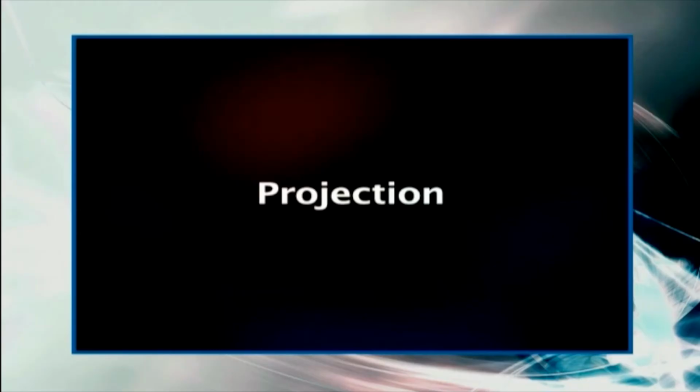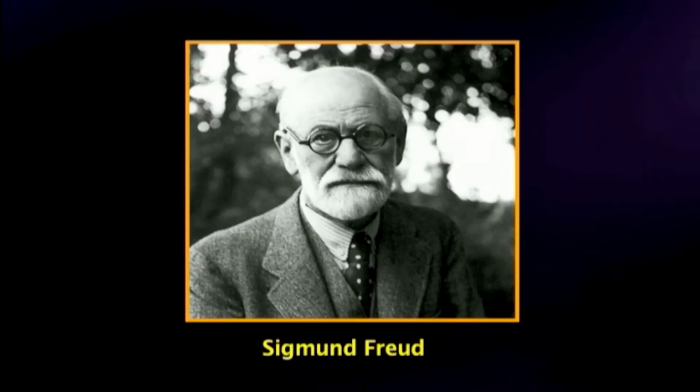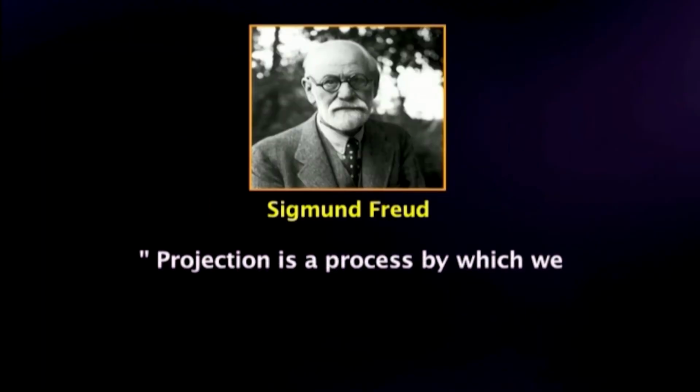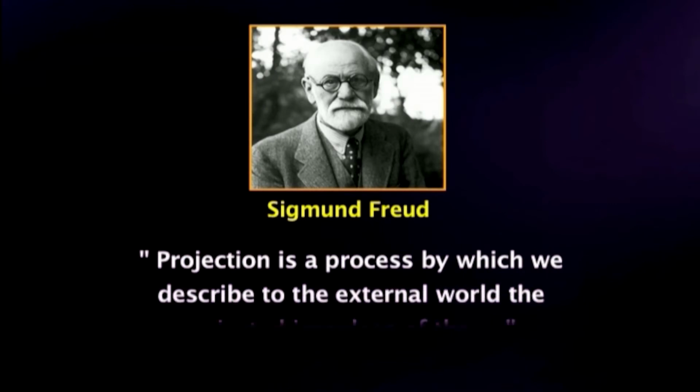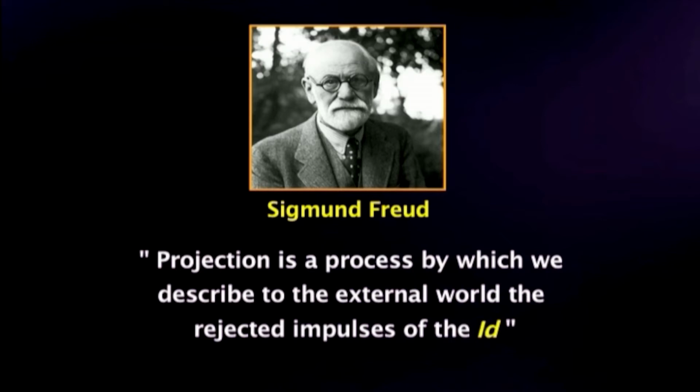Fourth one is projection. In the words of Freud, "Projection is a process by which we ascribe to the external world the rejected impulses of id." We defend ourselves against our repressed guilt feelings by projecting them into other things and people.